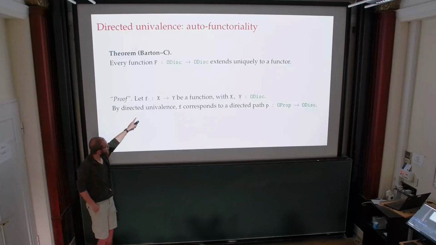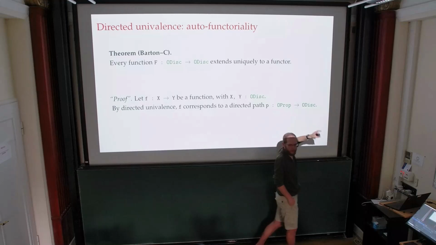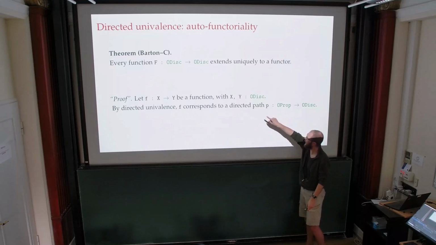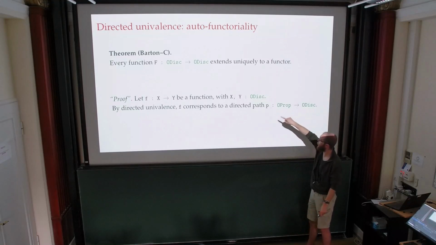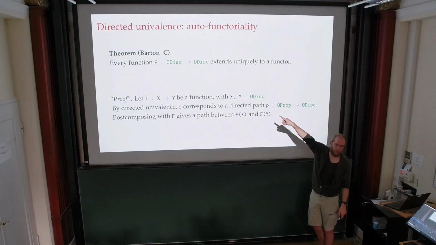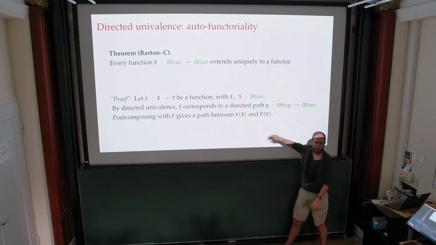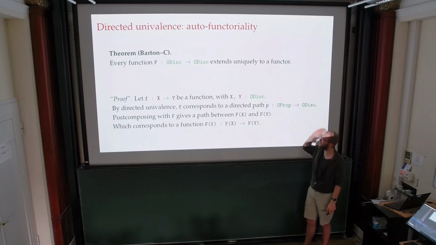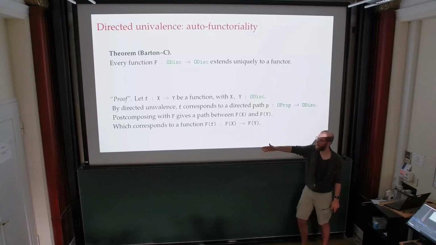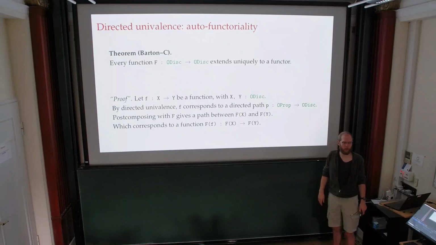So by directed univalence, f corresponds to a directed path from O prop to ODisc, right? Which maps false to x and true to y. Now we post-compose with that map capital F, and we get a directed path between f of x and f of y. And now we apply directed univalence in the other direction, and it gives us a function f of x to f of y.